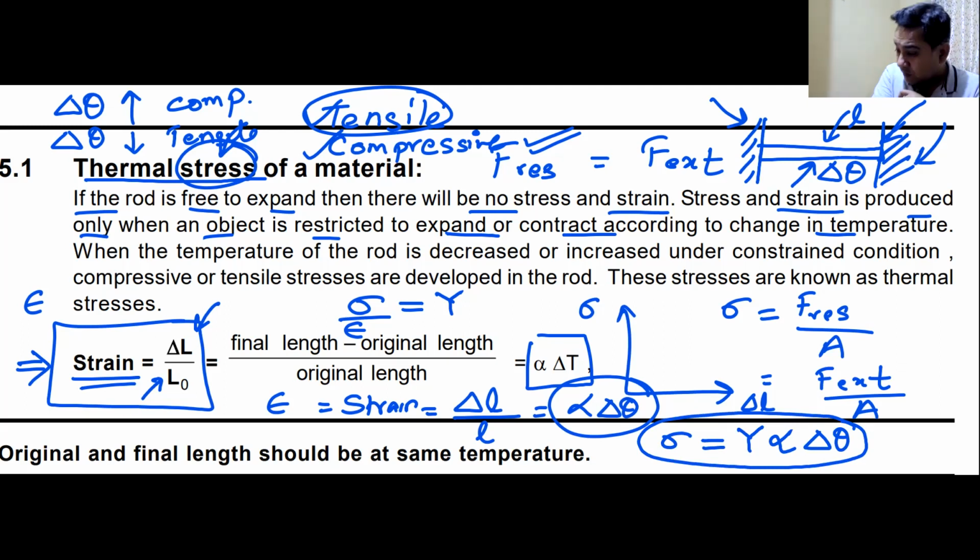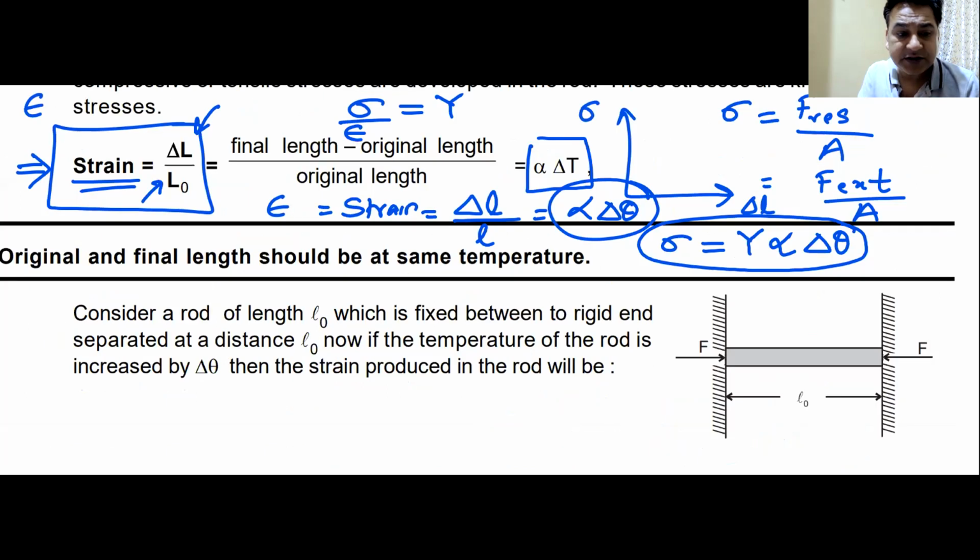Yes, sir. Okay. Now, once you find out the thermal stress, they might also ask you to find out the value of the force developed in the rod. How much force is developed in the rod?